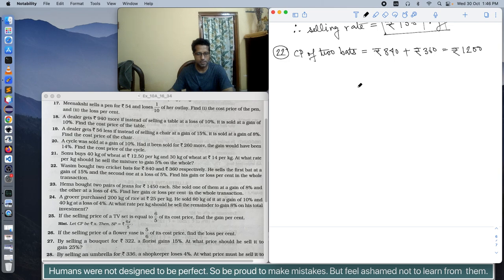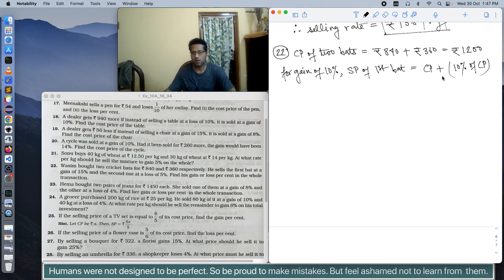Now it is given that he sells the first bat at a gain of 10%. So for a gain of 10%, the selling price of the first bat is equal to the cost price plus 10% of cost price. Whenever we have a gain, the selling price is equal to cost price plus the gain percent of cost price.